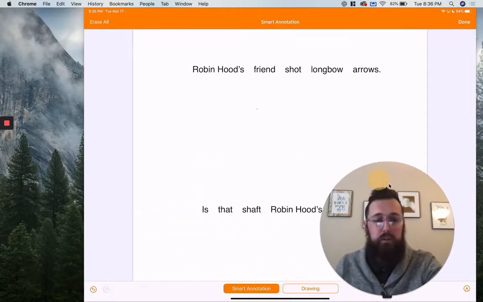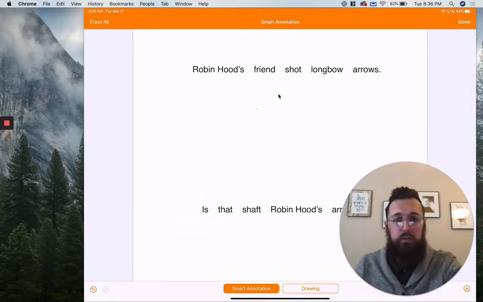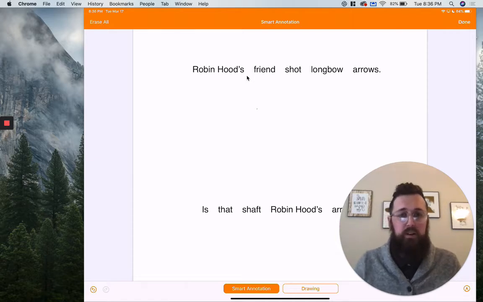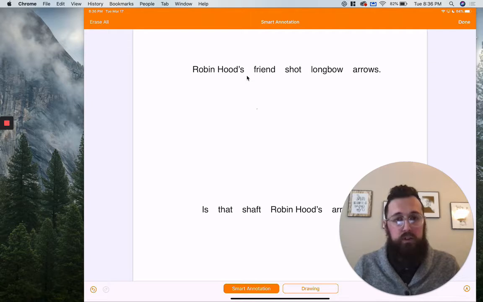I'm going to put myself right over here so that we can still see our work. If I look at my first sentence, it says Robin Hood's friend shot longbow arrows. The first thing I want to do whenever I analyze or diagram a sentence is to figure out who my sentence is about.